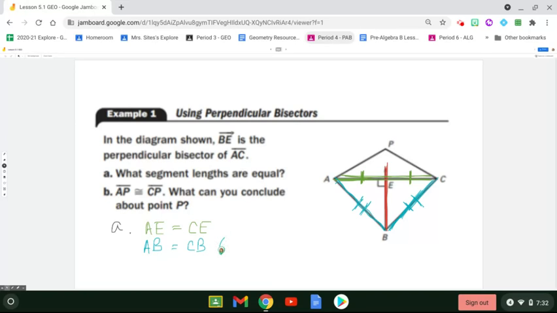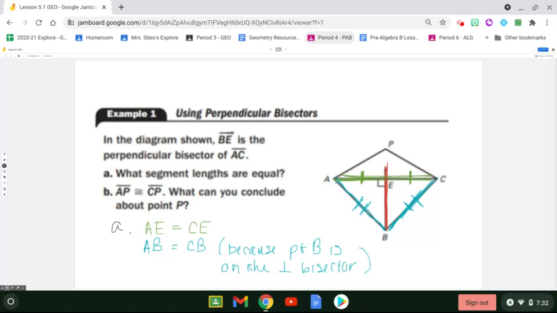I'm going to write that down. So that means it would qualify for the perpendicular bisector theorem.